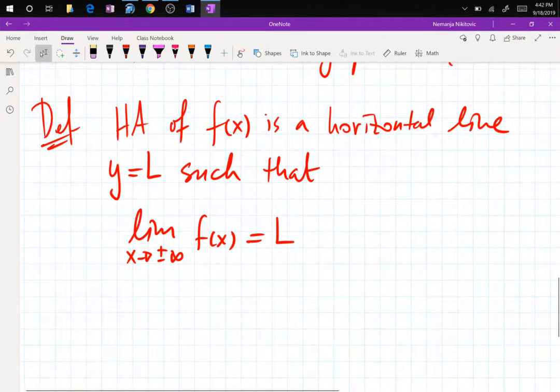So now I want to address those problems which you guys forgot the rules for, and we are going to compute limits now to find asymptotes of rational functions.